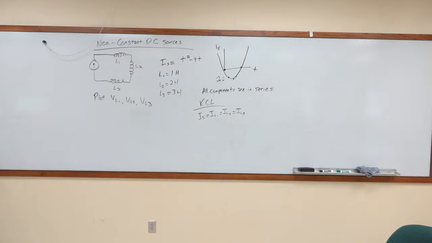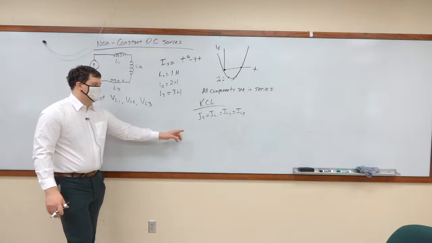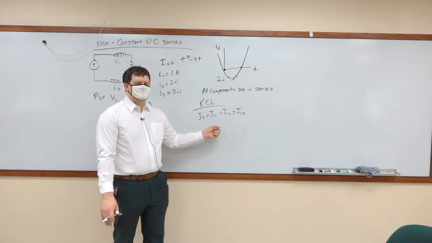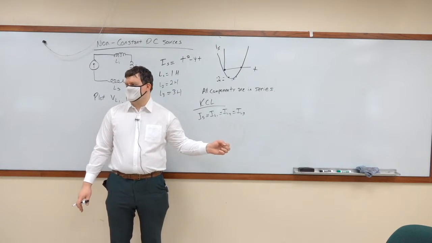The derivatives of the currents are equal on all of them. This isn't just a single value. This is something that exists in perpetuity. This exists at all times t.